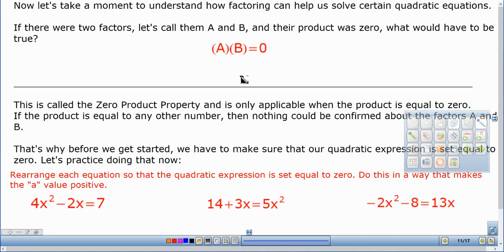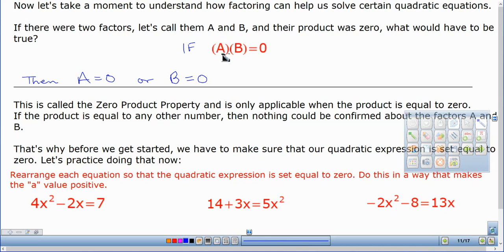I don't know what A is, and I don't know what B is, but I'm saying that if I multiplied those two things together, the result is 0. Well, the one thing that must be true is that A would have to equal 0, or B would have to equal 0.